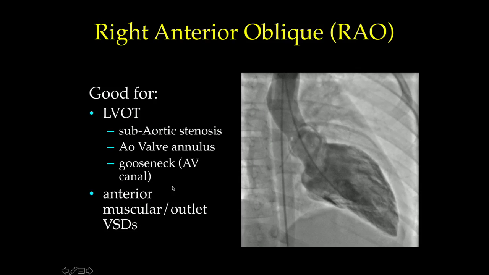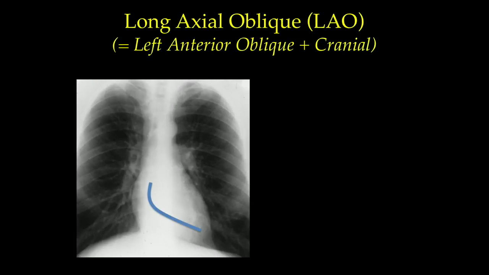So right anterior oblique is really good for the left ventricular outflow tract, when you look for subaortic stenosis or the aortic valve annulus, or to see the gooseneck deformity in AV canal. And then anterior muscular or outlet VSDs are also well seen here.